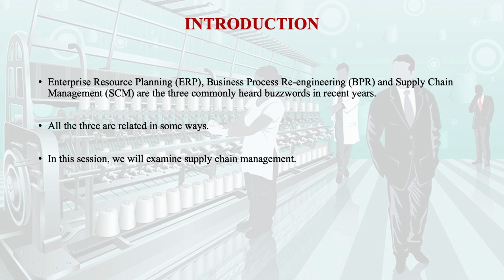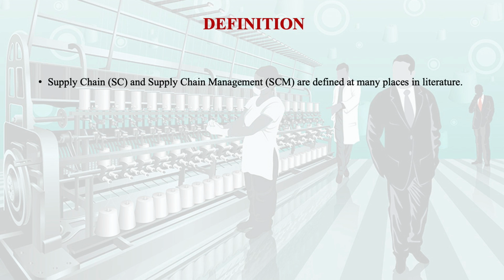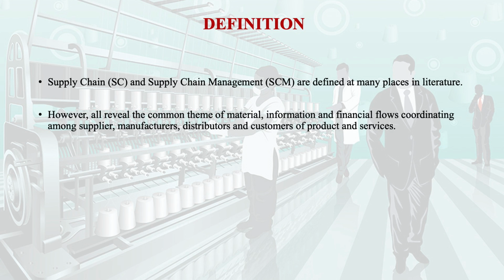If we define the supply chain, we will find the definitions vary in the literature. The common theme is the flow of material, flow of information, and flow of finance.